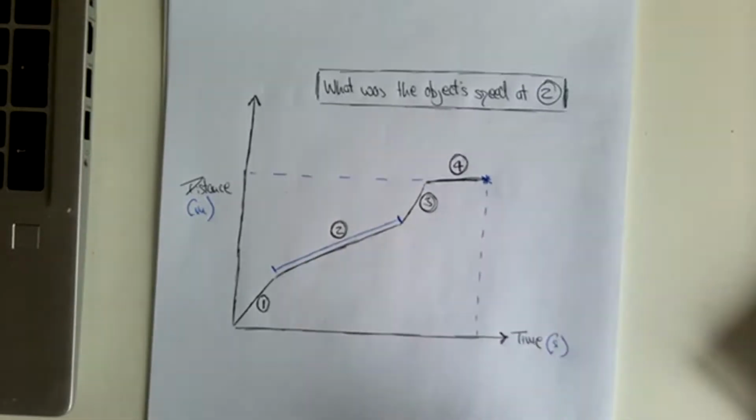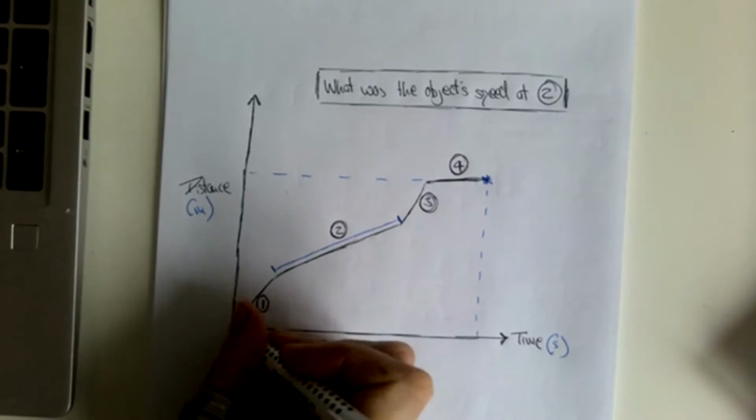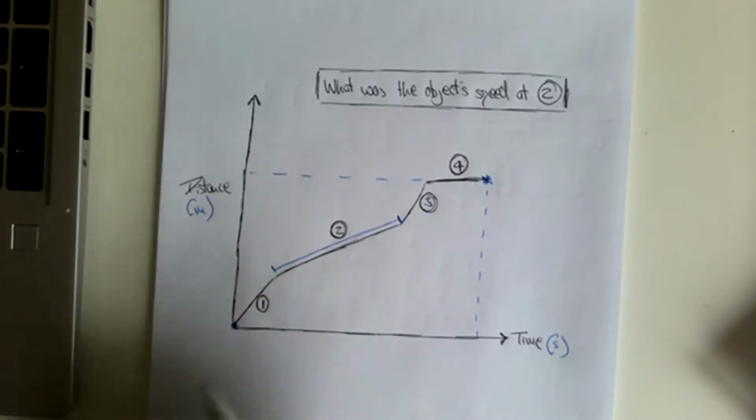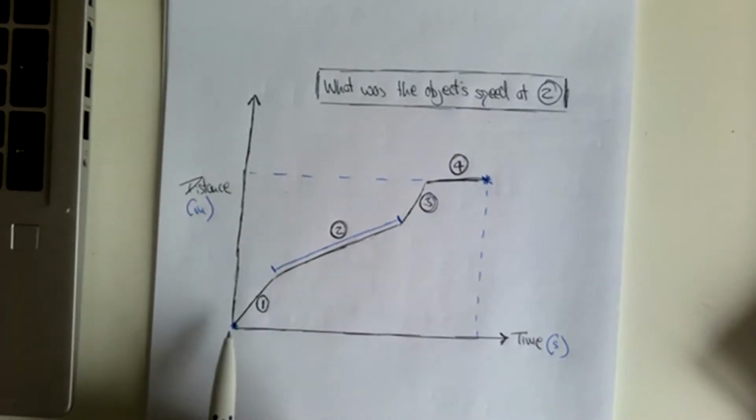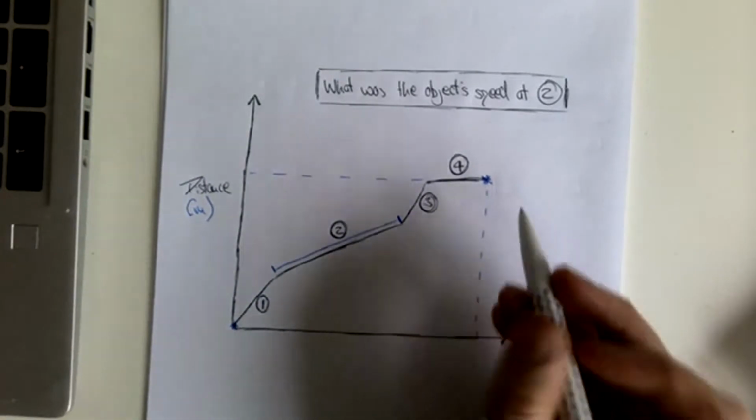Now, before we do that, we're just going to think typically how we would describe the object's speed overall. The object's speed overall would be, what was its average speed from the start, where it was doing nothing and it wasn't moving, through to the end where it finished moving over a set period of time.